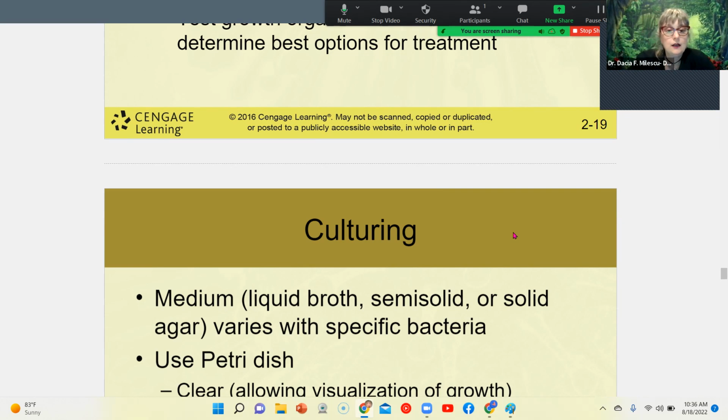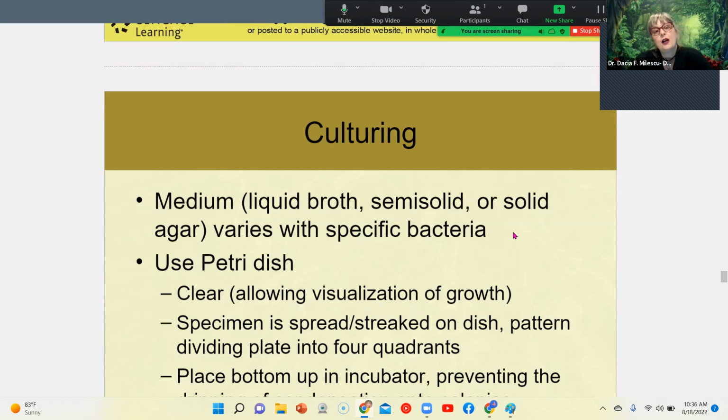All right. So the cultures will thrive in liquid broth, semi-solid, or solid agar. So what are these? These are nutrients in a petri dish that contains wonderful nutrients that allow the bacteria to grow.